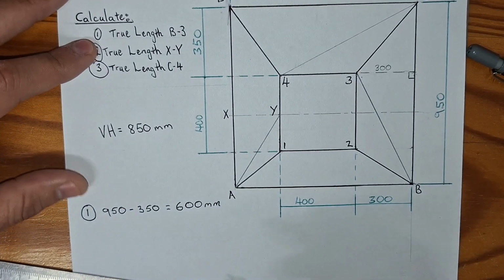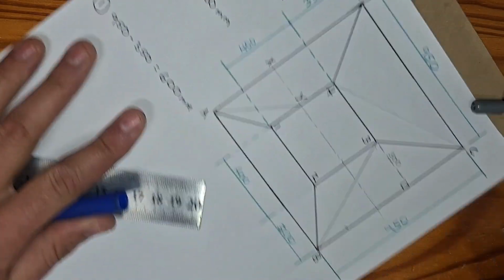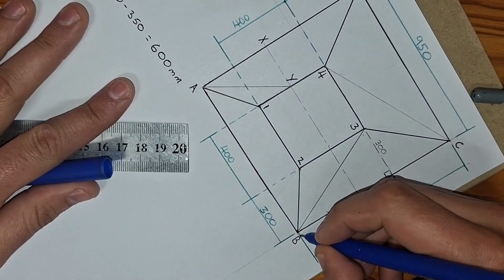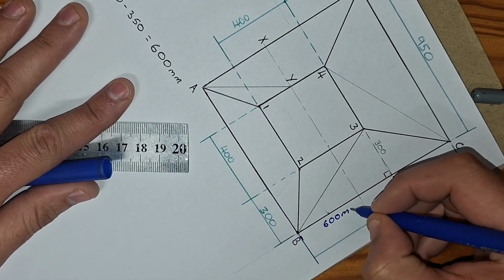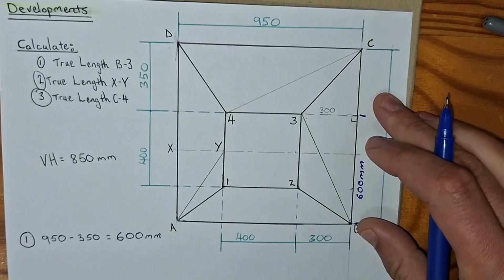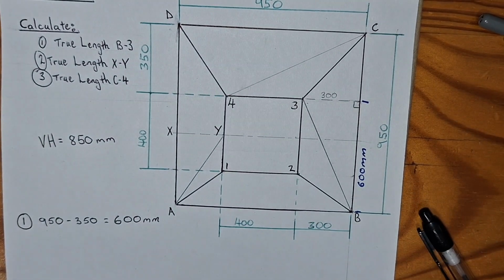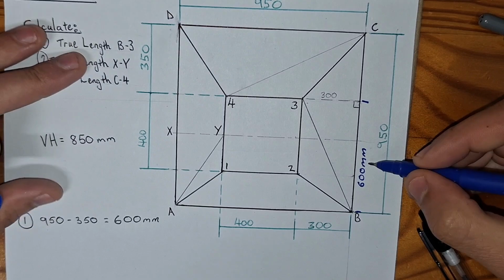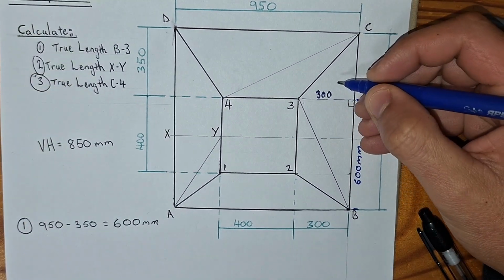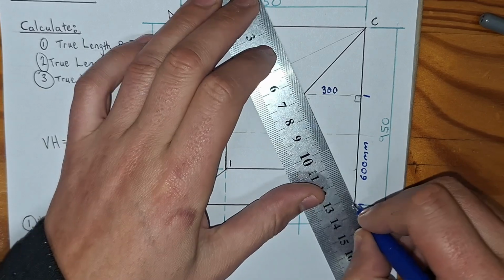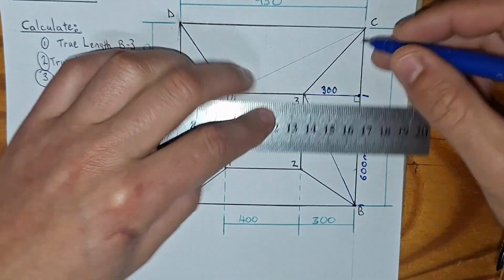So we will be using this 300 over here and adding the dimension from there to there, which is 600 millimeters. We are using the 600 millimeters and the 300 millimeters to get this base length, and we are focusing on this triangle firstly.